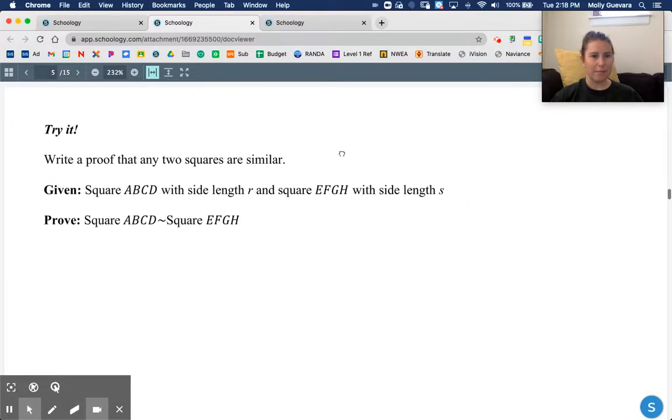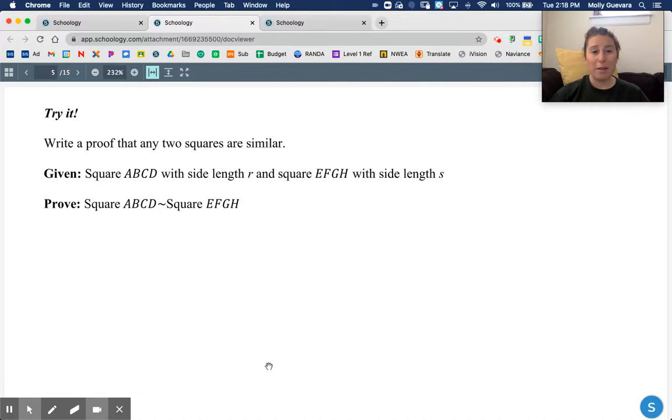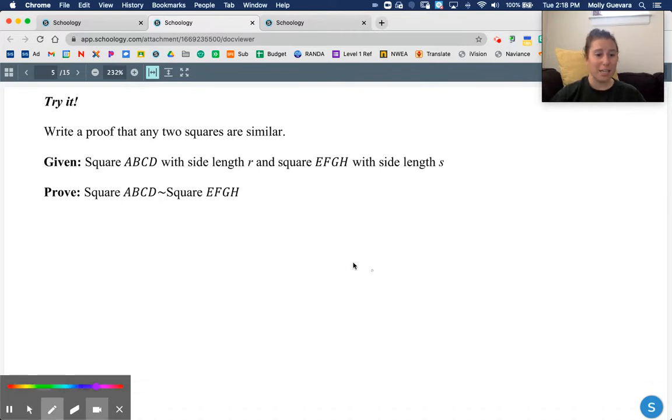Okay. So we're going to use pretty much the exact same idea to prove that two squares are similar. So again, if I have, let me draw it a little bit further down.